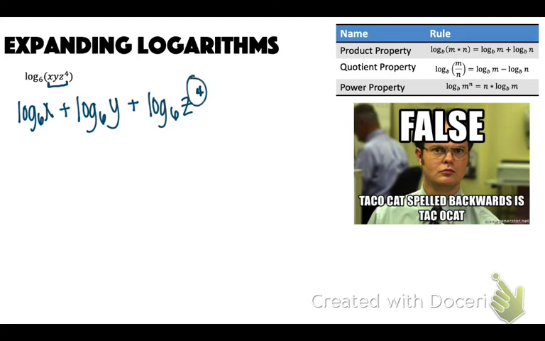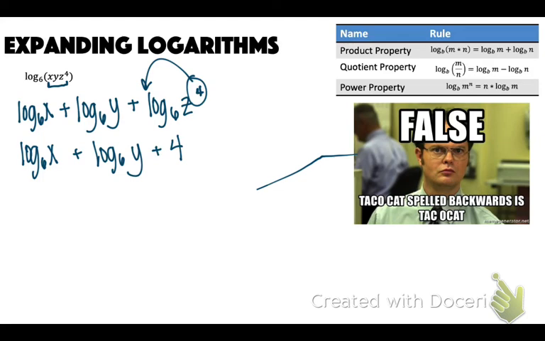Now I'm going to take this 4 and move it to the front. So this is going to be log 6 of x plus log 6 of y plus 4 log 6 of z. And you're done.